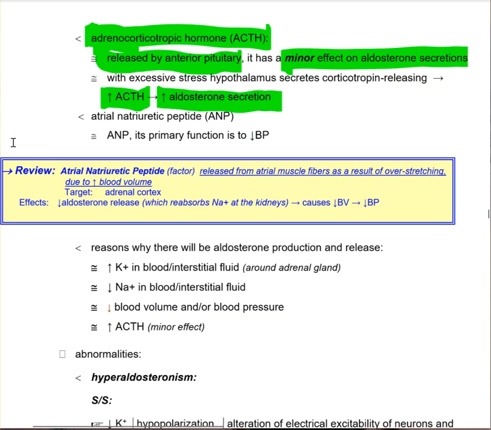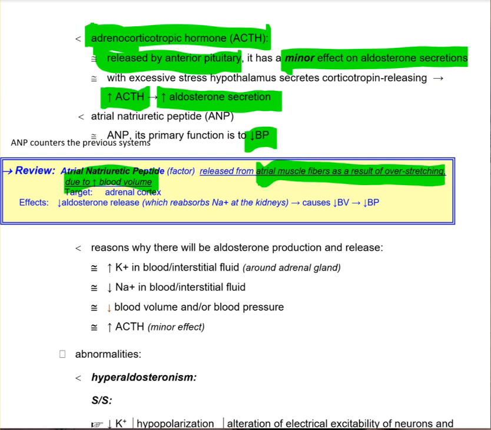Now remember also that ANP is its antagonist. So I'm just going to write here that ANP counters the previous systems, meaning all the systems that we just talked about. Because what does ANP do? ANP lowers blood pressure. Remember, it got released from atrial fibers as a result of overstretching, and that was usually due to lots of blood volume.